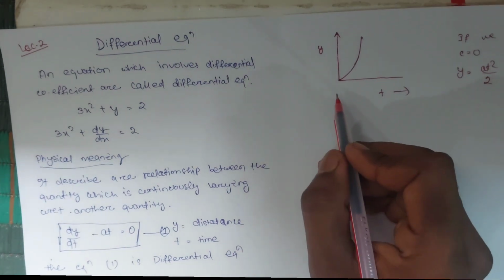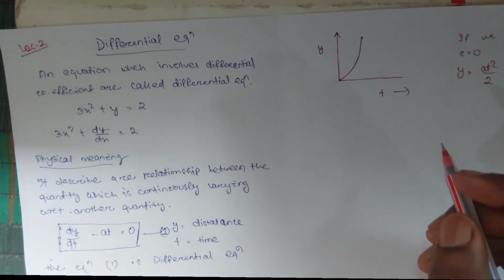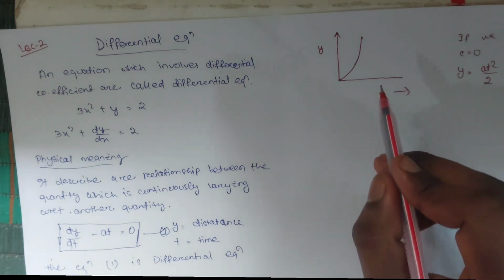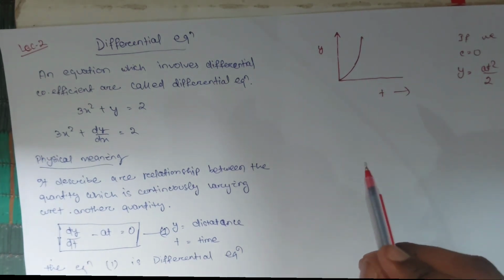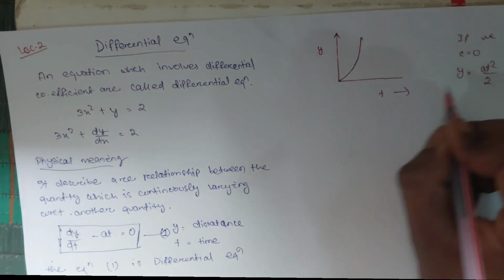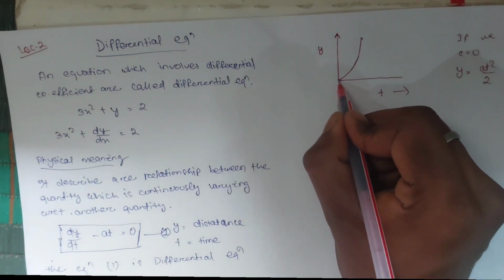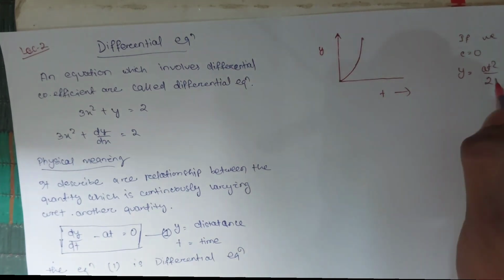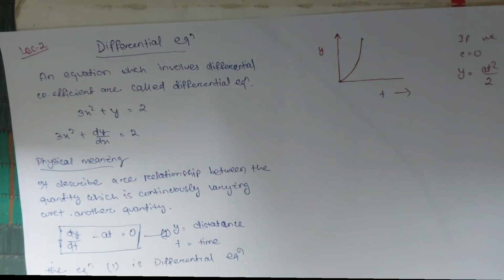As time is never negative, we only stick with the first quadrant and don't go to the second quadrant. At t equals 0, the distance covered by the bike is 0, and as t increases, the distance covered also increases.